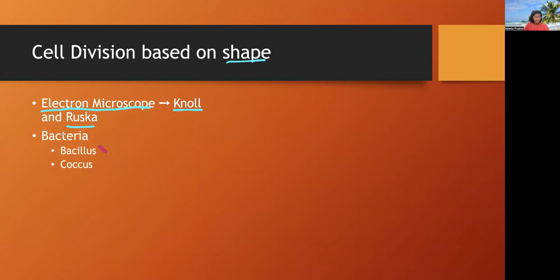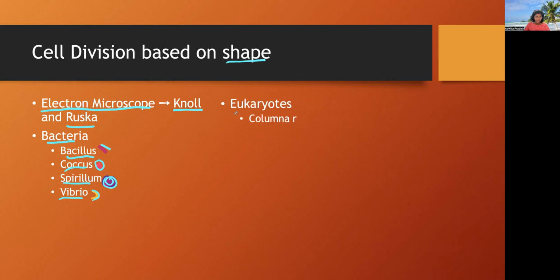So now let's see some shapes of bacteria. There are four main shapes, and the names according to the shape: bacillus, rod shape; coccus, round shape; spirillum, spiral shape; vibrio, comma shape.